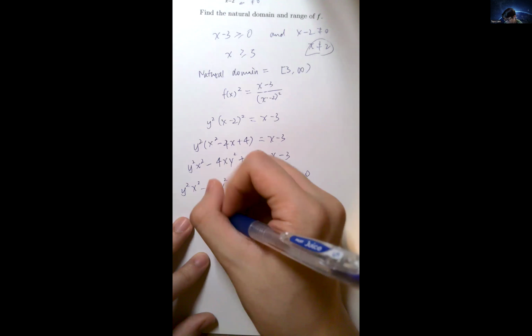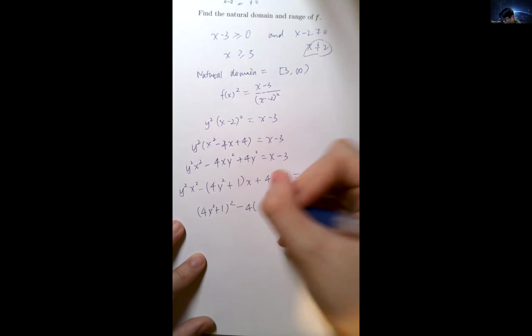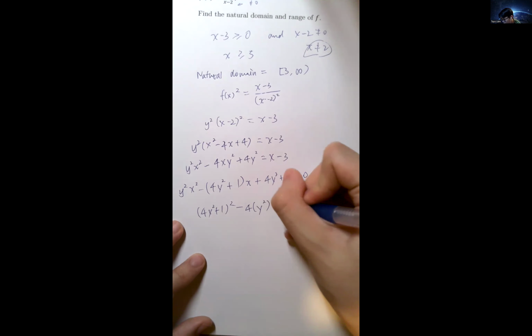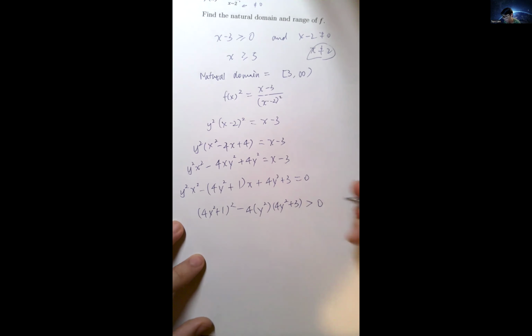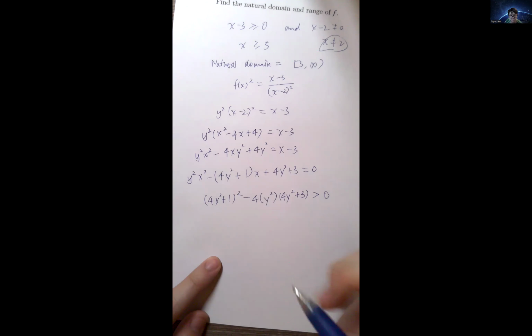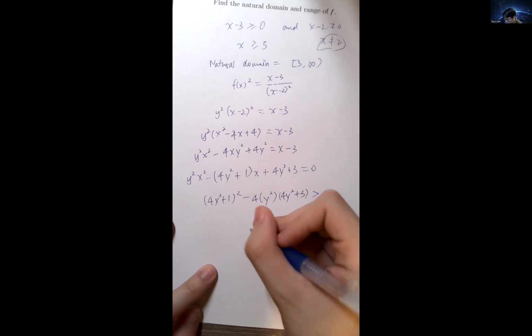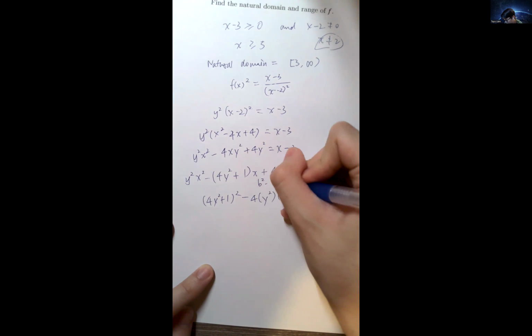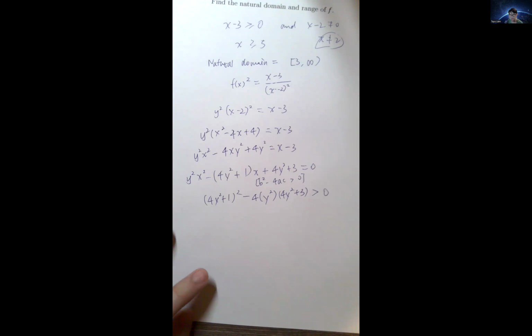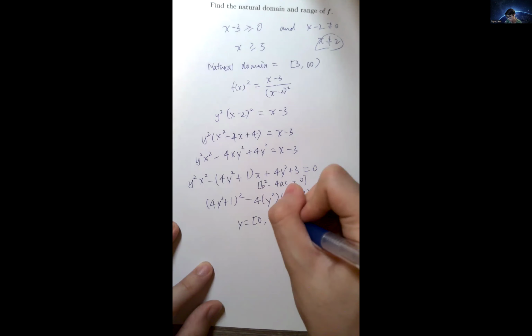So (4y squared plus 1) squared minus 4y squared times (4y squared plus 3) is larger than or equal to 0. By solving this, you need a quadratic inequality. I'm not doing the solving here, so I think it's just trivial. You can just start from this equation and do it yourself. It's the b squared minus 4ac larger than or equal to 0 concept. After that, you just get y equals 0 and 2.